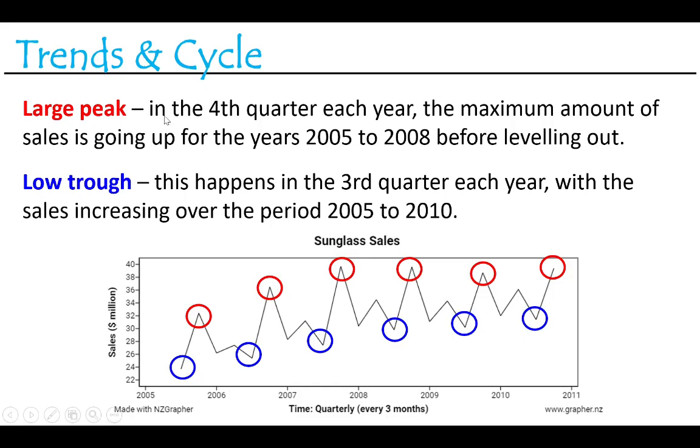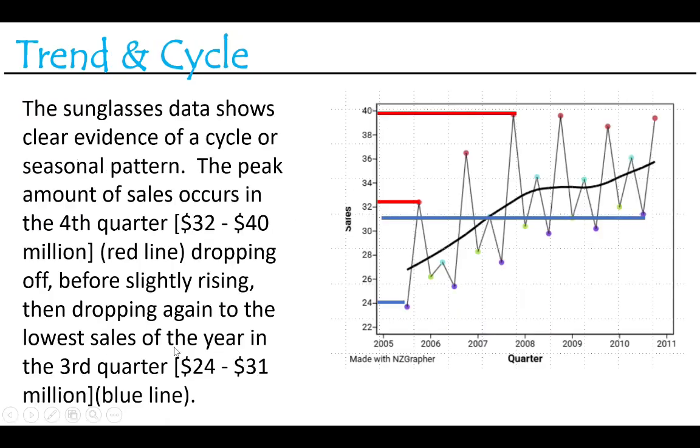So this is how you can phrase it. In the fourth quarter each year, the maximum amount of sales is going up for the years 2005 to 2008. And for low troughs, this happens in the third quarter each year, with the sales increasing over the period 2005 to 2010.